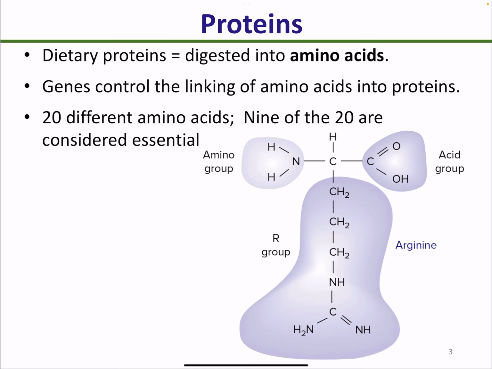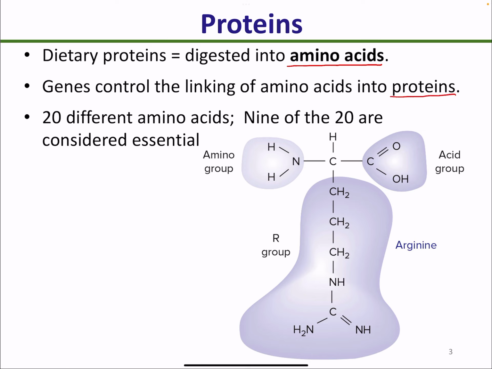These small chunks are called peptides. These peptides are going to be further broken down by peptidases. These peptidases are the enzymes that are going to cause a release of amino acids, which are the building blocks of proteins. And again, these amino acids are the ones that are going to be used to synthesize your own proteins.